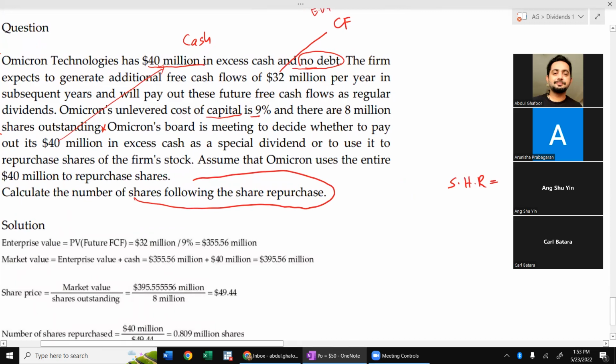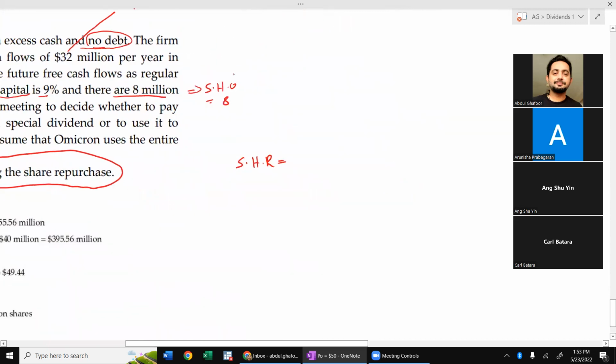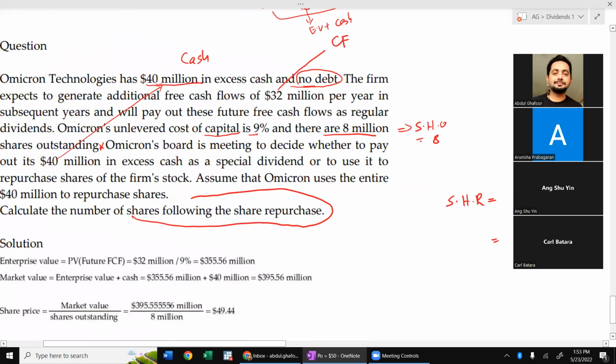So how many do we currently have? We have 8 million shares outstanding. It means for the share repurchase, how many can we buy with 40 million of excess cash divided by price? Are we given any information on the price?